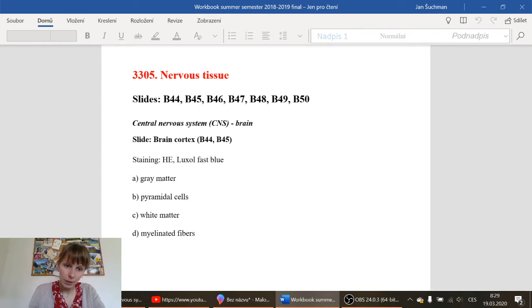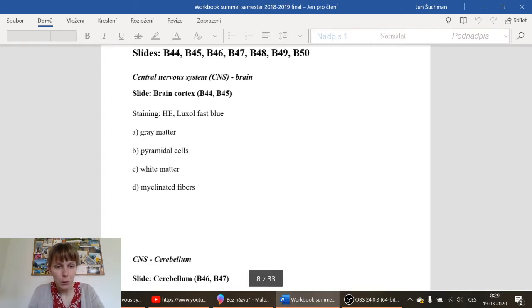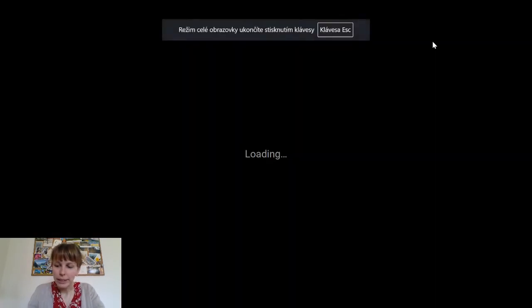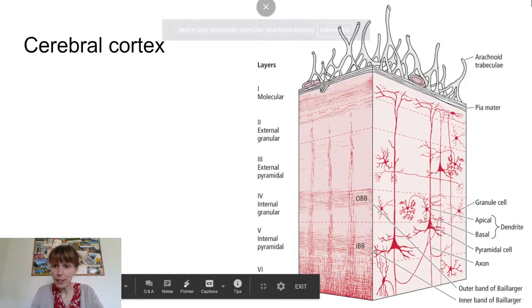Inside the gray matter, which will be the brain cortex, we should find the big neurons, the pyramidal cells. So that will be Golgi type 1, big multipolar neurons. Then we should be able to see the white matter, and in the white matter the myelinated fibers. Myelinated by oligodendrocytes, of course. So, based on this, we can start.